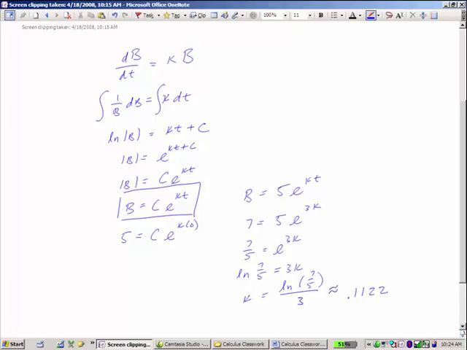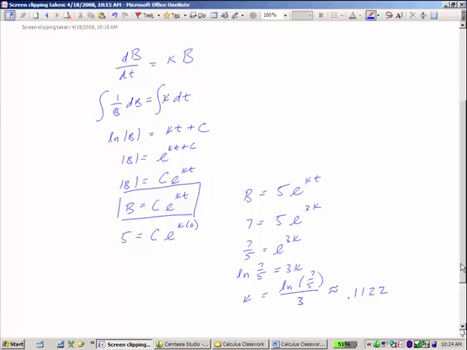And you have 2 choices. Leave it like ln 7/5 over 3, or approximate it to at least 4 decimals. With an exponential, you really want to go to 4. But better yet, store that value. Once you get it, just store it as like k, and use the stored value.